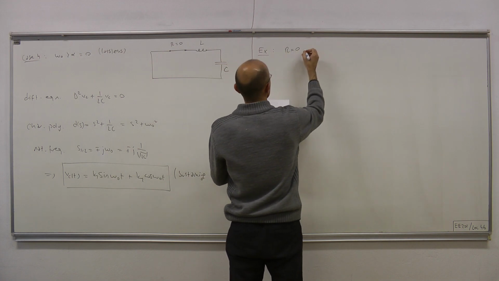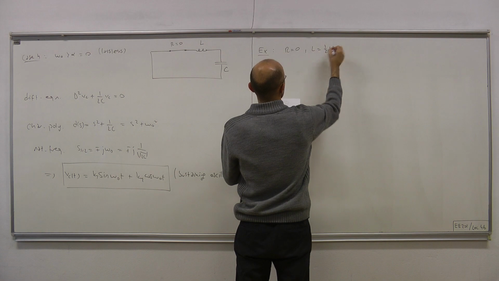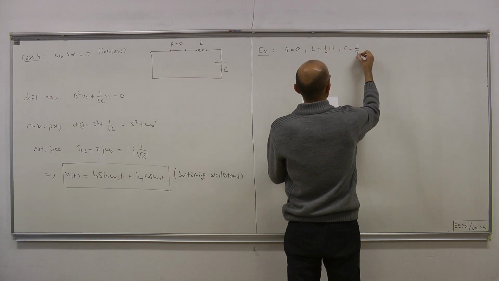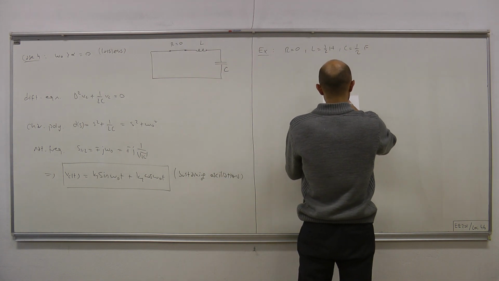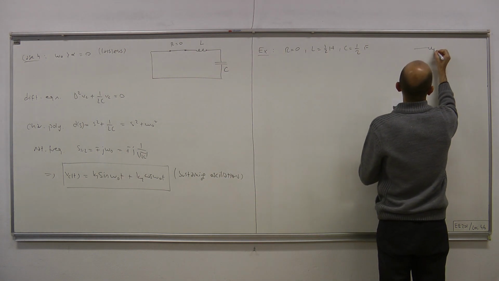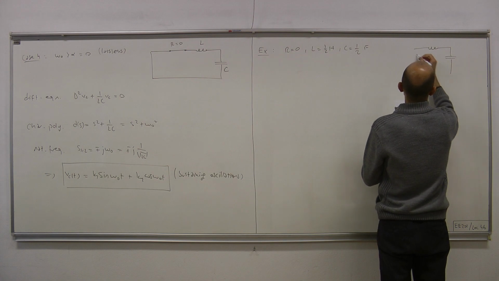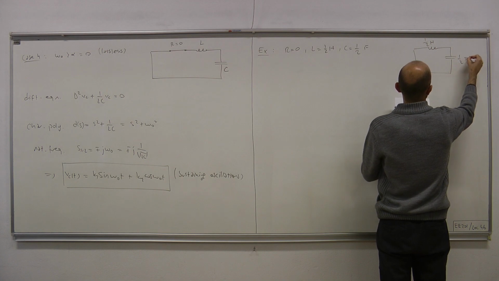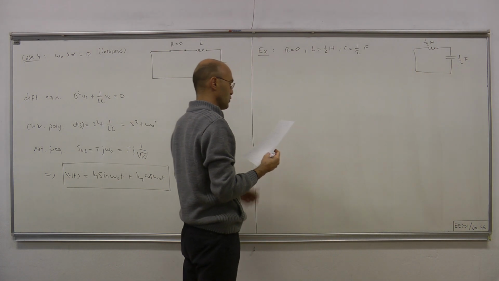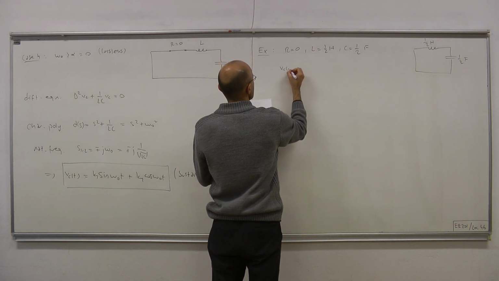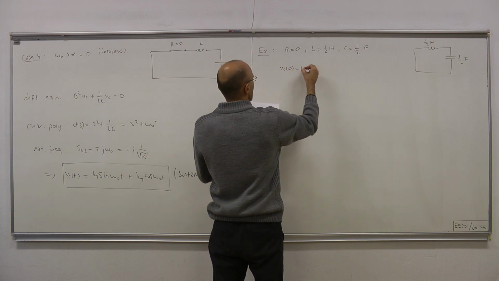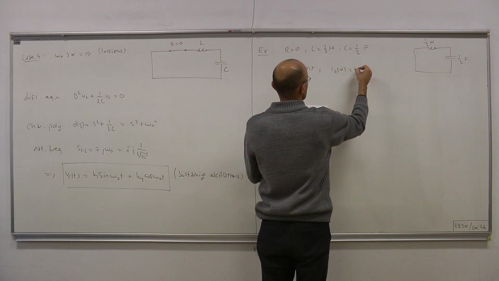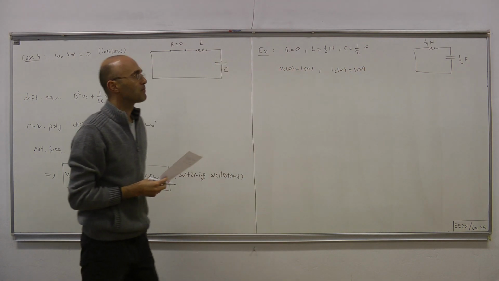R equals 0, L equals 1/2 Henry, and C equals 1/2 farads. Initial conditions are given as VC(0) equals 10 volts, and IL(0) equals 10 amps.